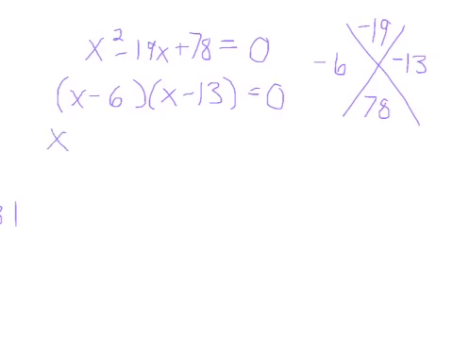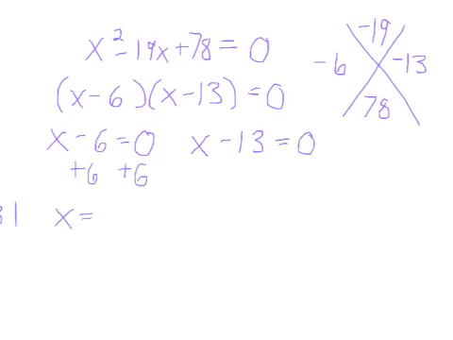We still need to take both of those factors and set them equal to 0 and then solve. So we get x equals 6 and x equals 13. Now we need to check and see if any of these solutions are extraneous.